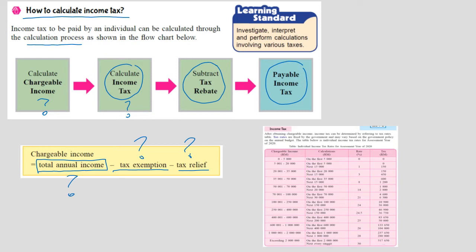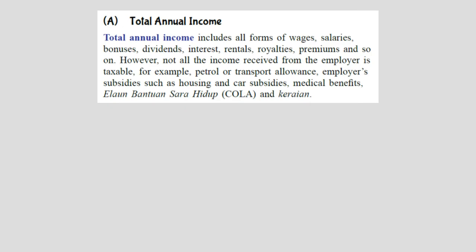Okay, after that, you calculate your income using this table. That's what I said just now. And now we look at what is total annual income. Total annual income includes all forms of wages, salaries, bonuses, dividends, interest, rentals, royalties, premiums, and so on.